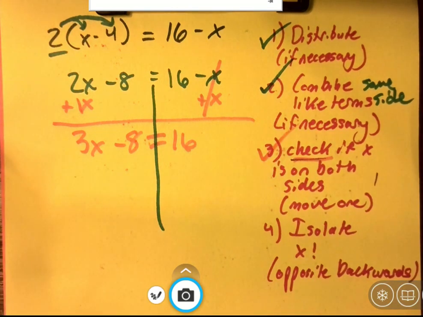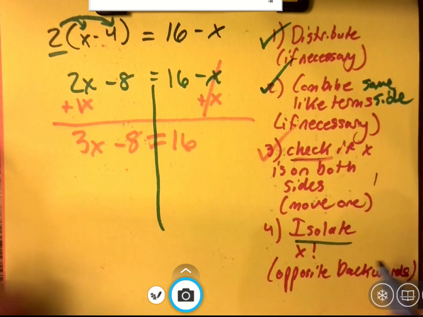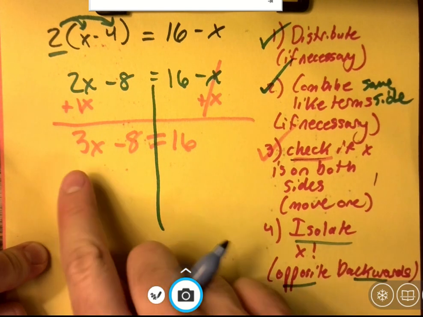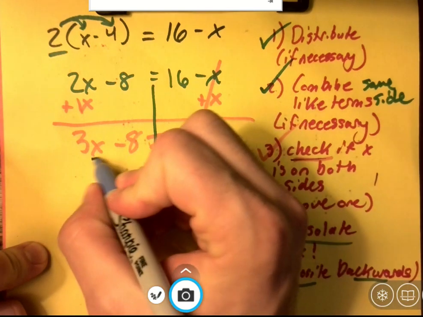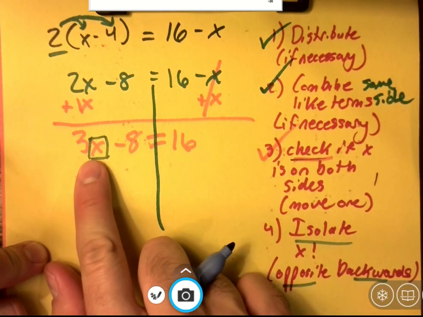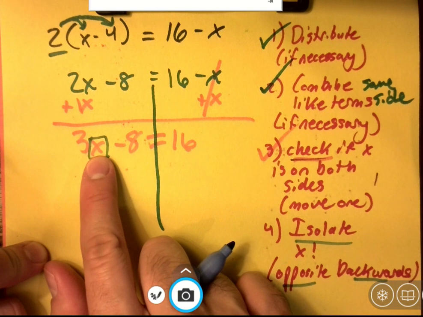Now this is sort of the meat, where it says isolate x. Basically all that means is get x by itself. And notice, I mentioned this in the last video, opposite backwards. I'm trying to get this x by itself, so I'm going to put a nice little box around it. What you want to ask yourself is, what is being done to x, in what order?